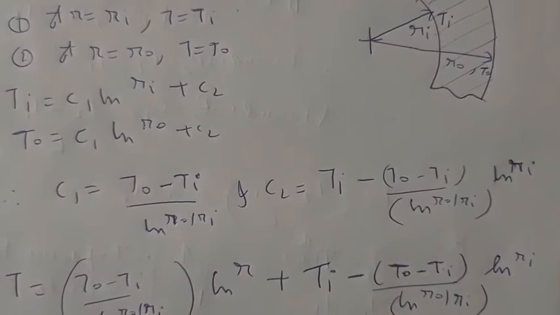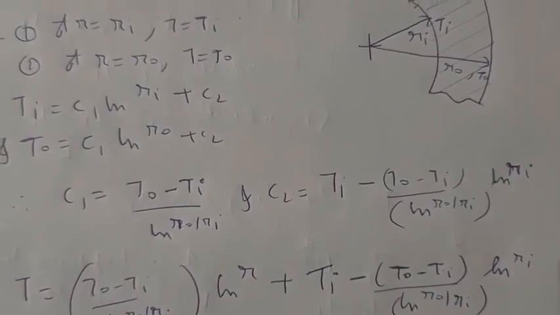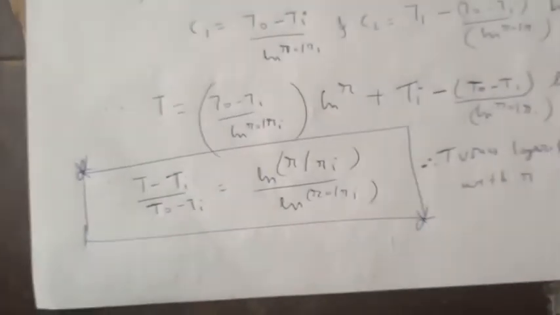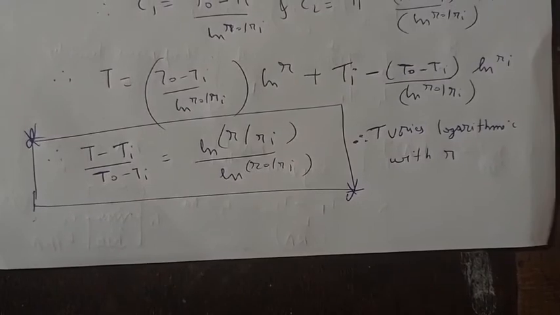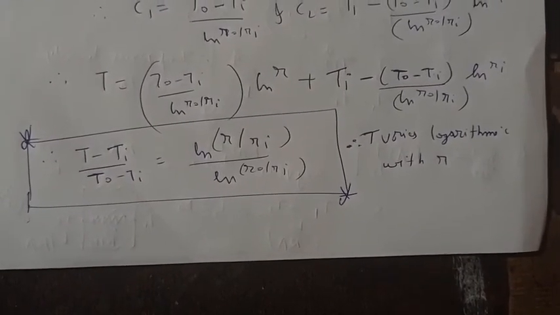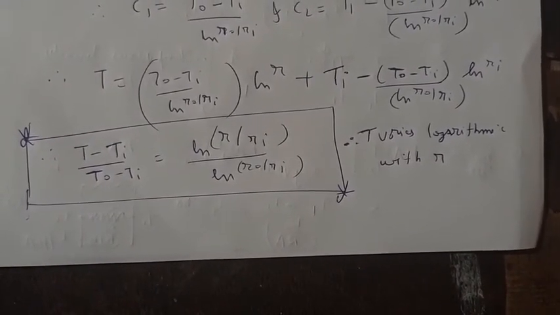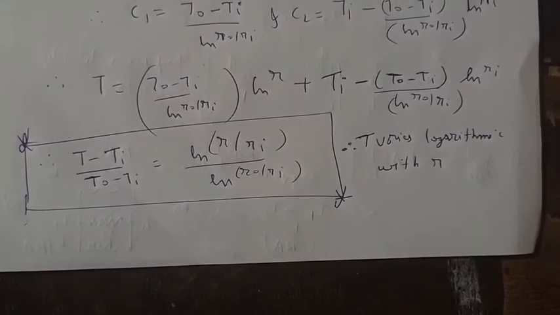Then we will substitute them in the general solution, and we will get our solution, which is this. From this solution you can see that the temperature varies logarithmically with R.